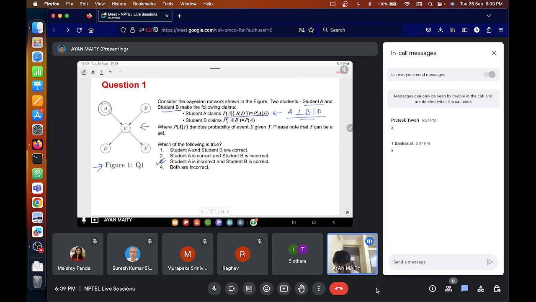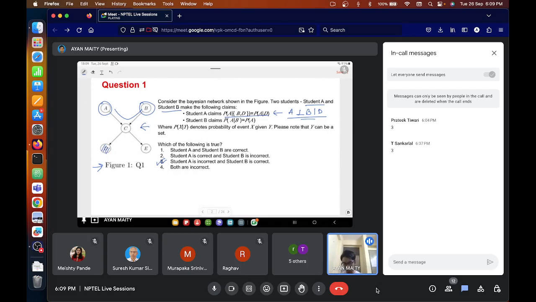This is the node A, this is the node B, and this node D here is given. There is only one undirected path from A to B, via C. We have to check whether this path is blocked or not. If this path is blocked, then A and B are conditionally independent. If this path is not blocked, then A and B cannot be conditionally independent.